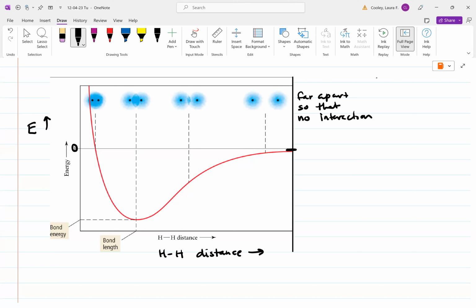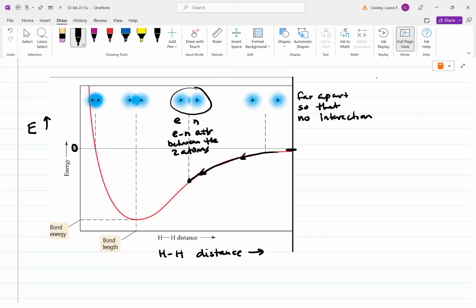But as they get closer together, the energy goes down from zero. The energy is getting lower because it's becoming more stable. Why? Because the electrons from one of these atoms are becoming attracted to the nucleus of the other. So you start to get this electron-nuclear attraction between the two atoms.